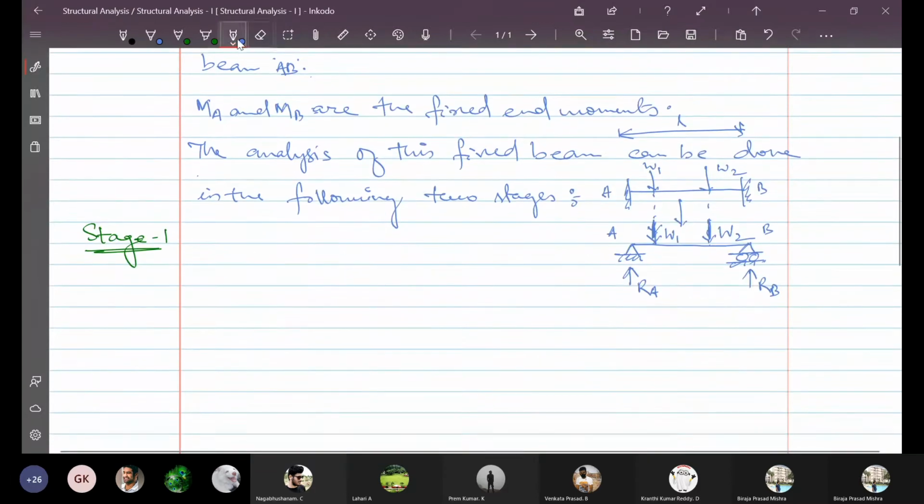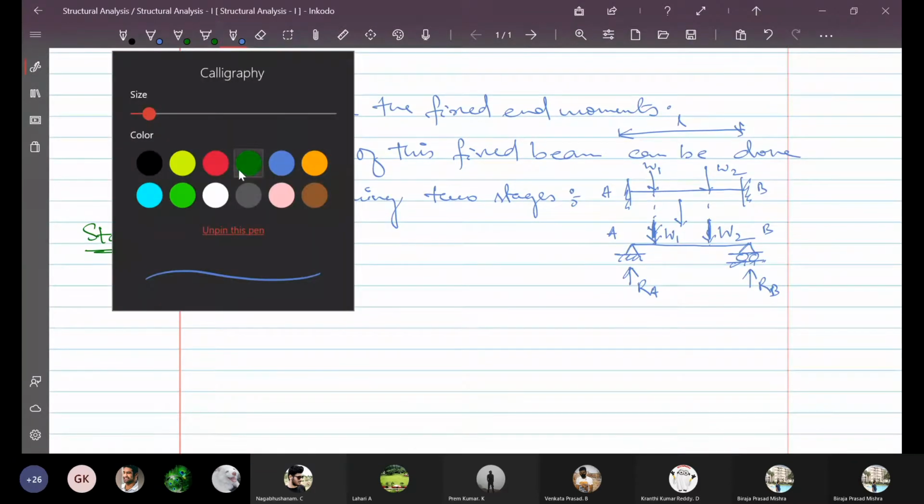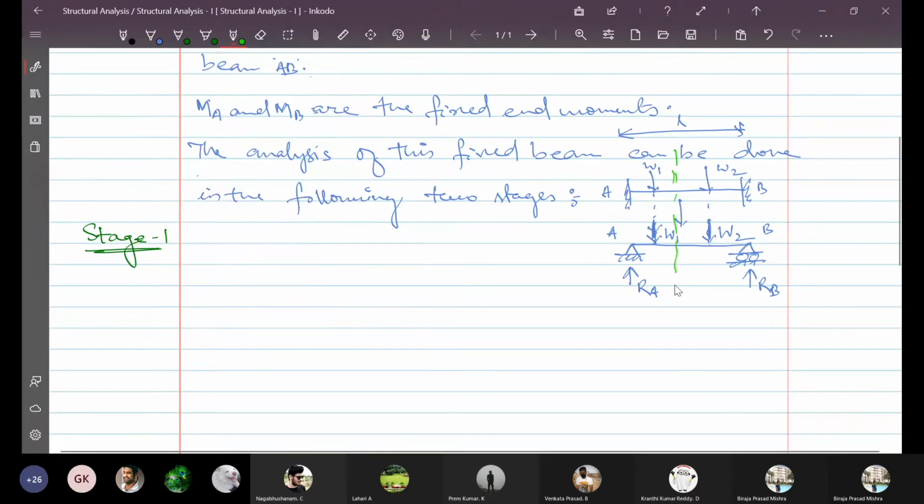And let me take a cross section here. For example, let us say I'm taking a section over here. This is X. So this is stage 1. Okay, I'm talking about stage 1.